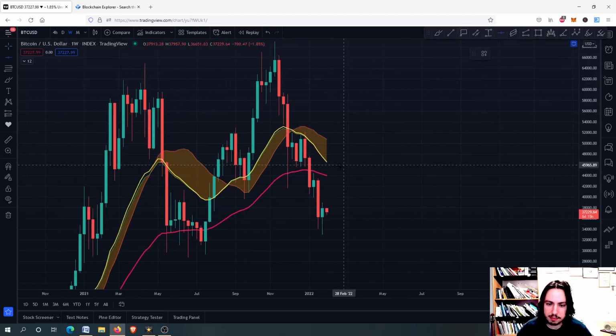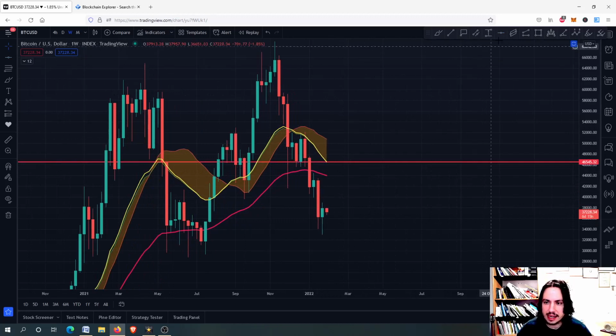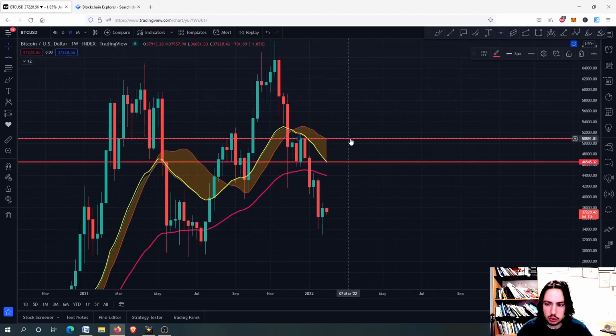And why I say that, because this line here and this one as well are some of the most important resistance lines. And the first one is at the 46 to 47K. We have the 50-day EMA as well on the weekly frame as the first resistance level, but I think that we are going to go above that, and I feel like we are going to go even higher towards the 46.5 to 47K.